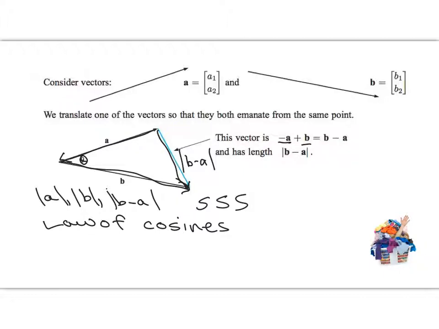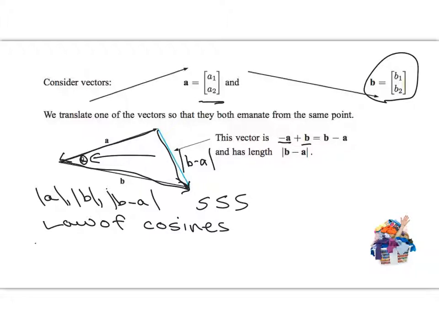So don't forget the vector A has components A1, A2, and vector B has components B1, B2. So if I want this angle here, I need to use the side across from it to set up the law of cosines.